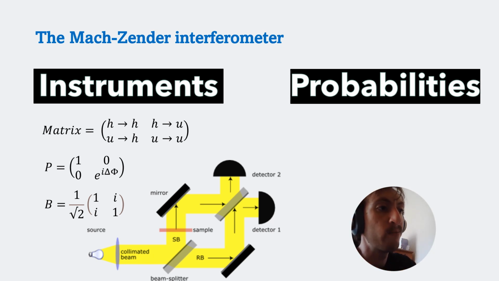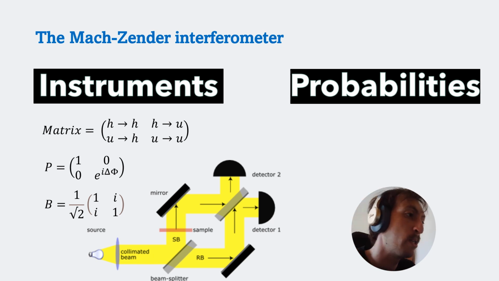However, our beam splitter also has a chance of deflecting our photon. It's deflecting it by 90 degrees, so it's changing its phase by 90 degrees, or pi by 2 radians.